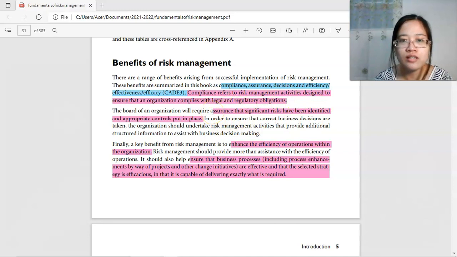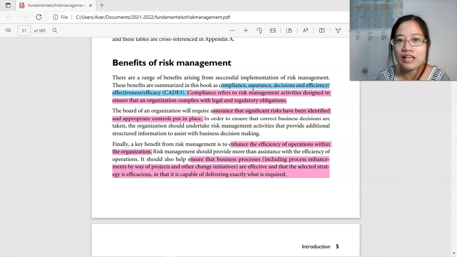Yung assurance naman, kasi yung board of directors or board of trustees, kumbaga, they would like an assurance that significant risks have been identified and appropriate controls are put in place. Okay, so kumbaga yung assurance pala, of course, they have the risk exposure and they do not want to be affected negatively.